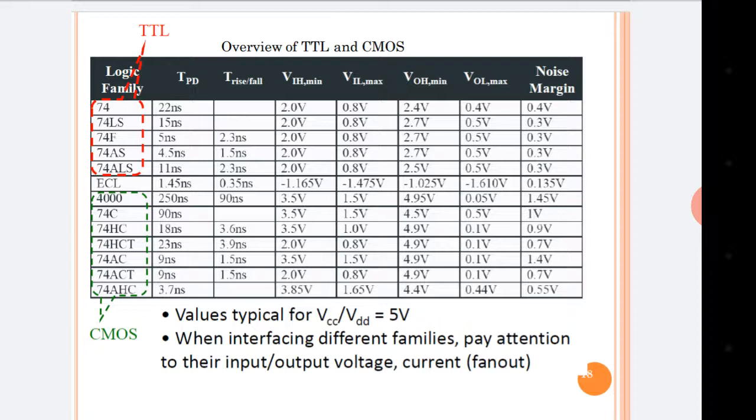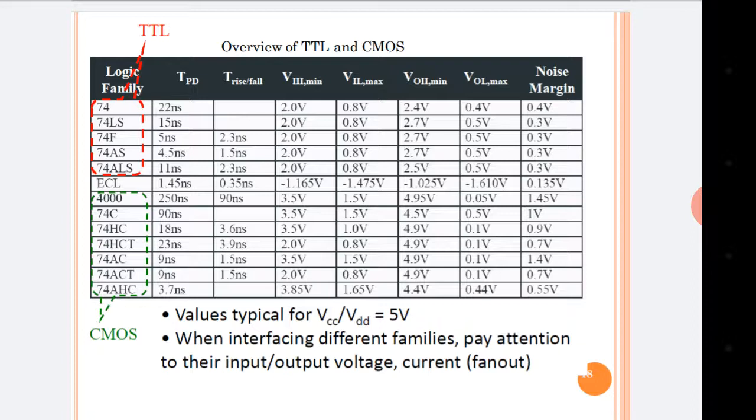Then ECL is the fastest logic family. You will observe the propagation delay of ECL is very small, that is 1.45 nanoseconds. Propagation delay is the time required for a signal to pass from the input to the output. So minimum propagation delay is there for the ECL, that's why it is the fastest logic family.